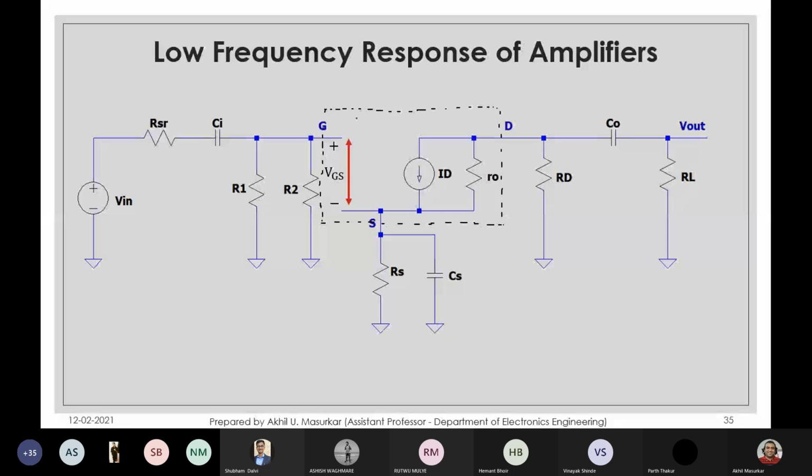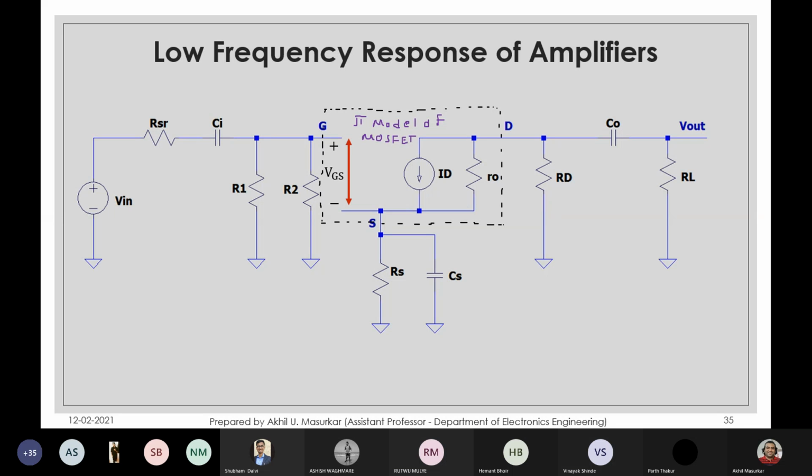Okay, now I am asking you a question at this point. The model that I have used, is it a low frequency model or a high frequency model? Low frequency. That is the right answer. My next question is, is it a small signal model or a large signal model? Small.